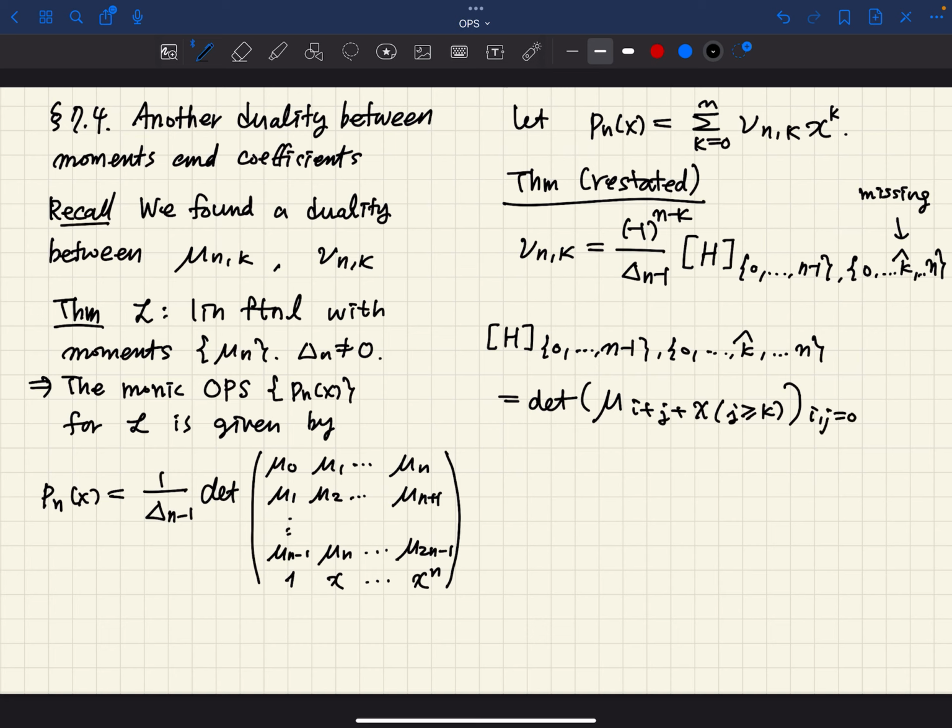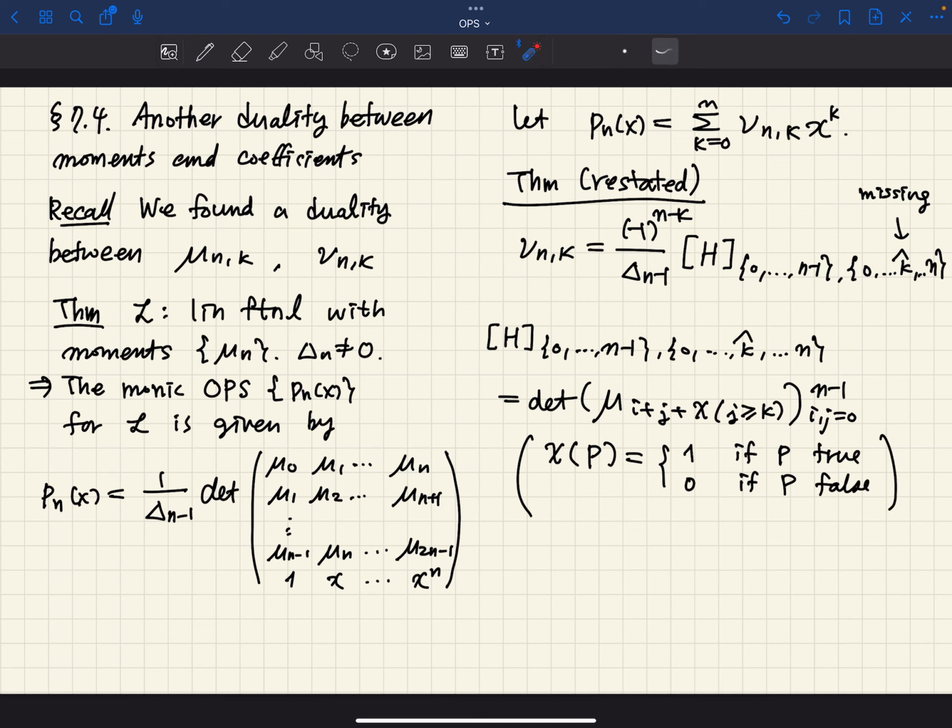Chi of a statement P is 1 if P is true and 0 if P is false. So if j is greater than or equal to k, instead of i+j, we add one more. If we don't have this, it is exactly the Hankel determinant. We have some kind of shifting for the column indices j.